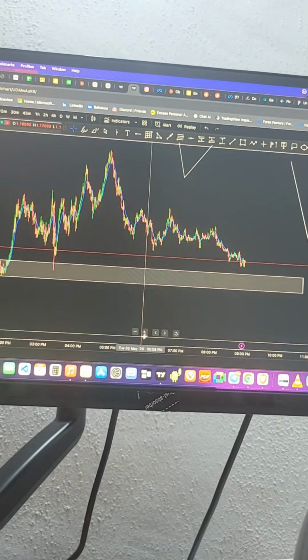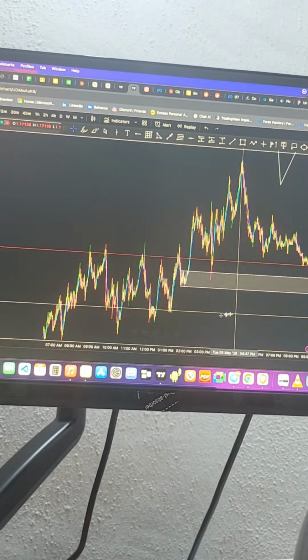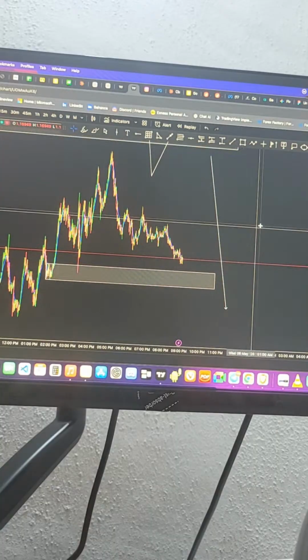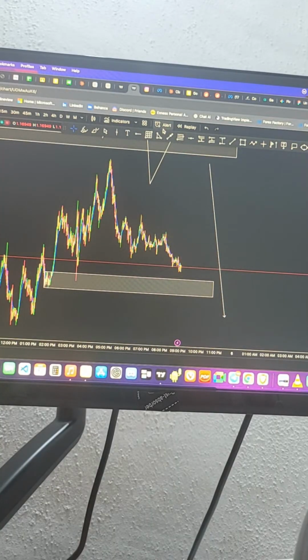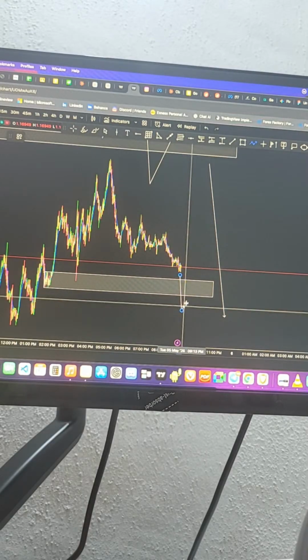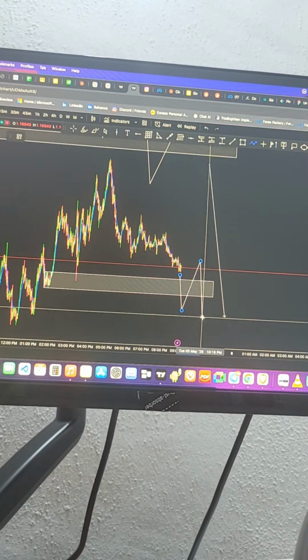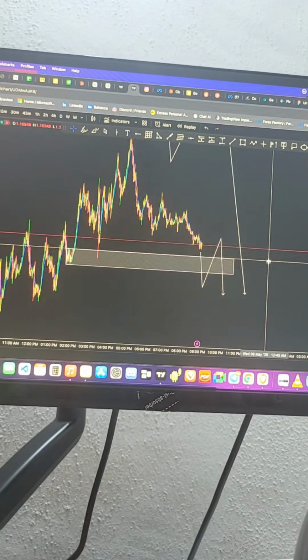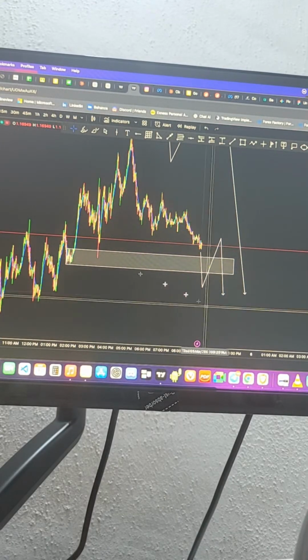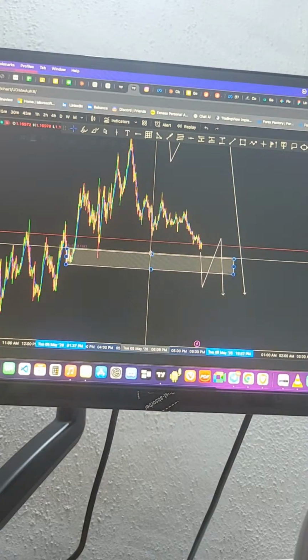Before I get involved in this sell trade on Euro USD, this is what I'm going to be looking for. I want price to take out this zone, then give me my movement. This is what I want price to do: take this zone out.